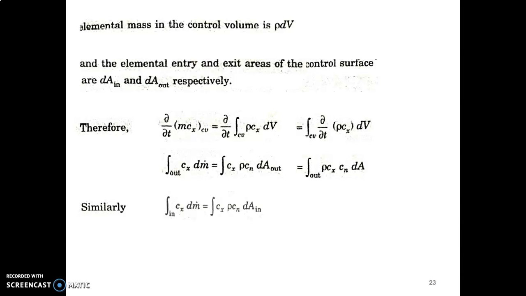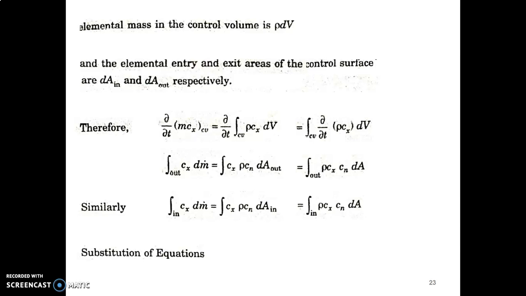In a similar fashion we can find the integral for the inward flow also, that is the integral of Cx dm dot, which will be changed to the integral of Cx rho Cn dA over the inward area of the control surface. This is also rearranged: integral over the inward flow of rho Cx Cn dA, just like the previous step.